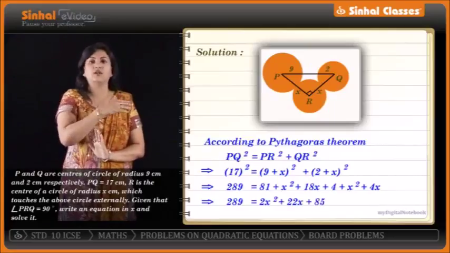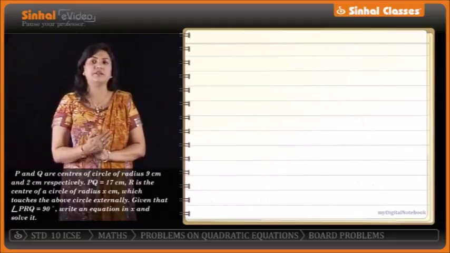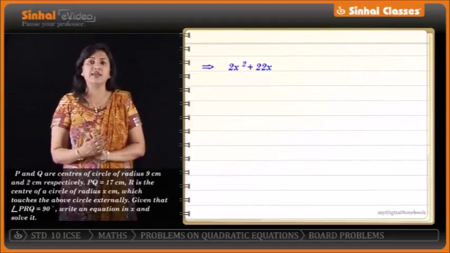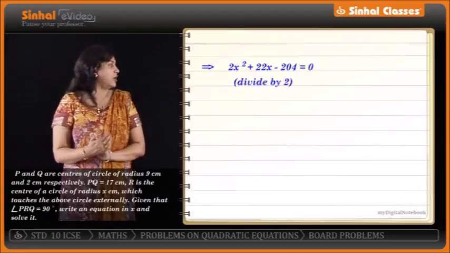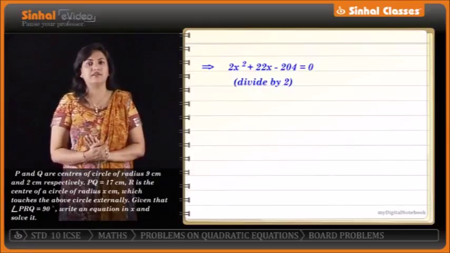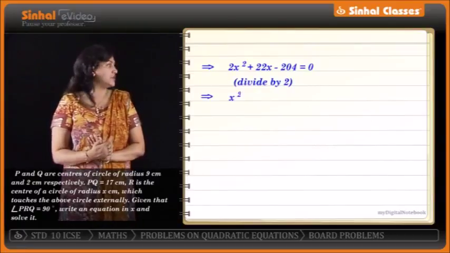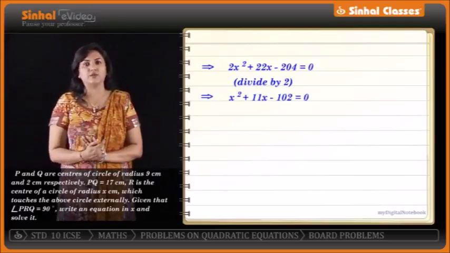Now take all the terms on one side. We get 2x square plus 22x minus 204 is equal to 0. Divide this equation throughout by 2. We have x square plus 11x minus 102 is equal to 0. Now we have the quadratic equation.